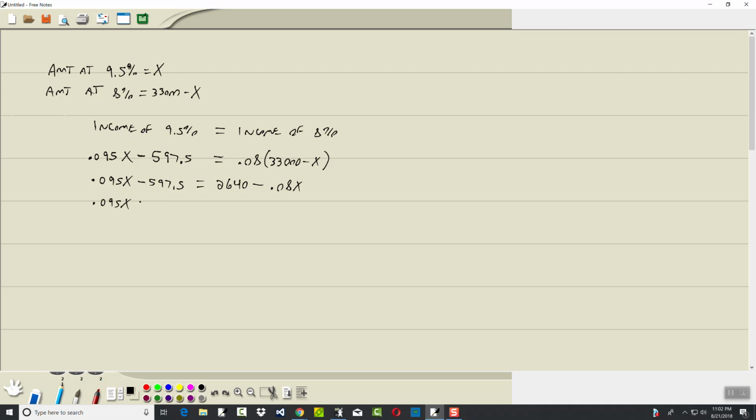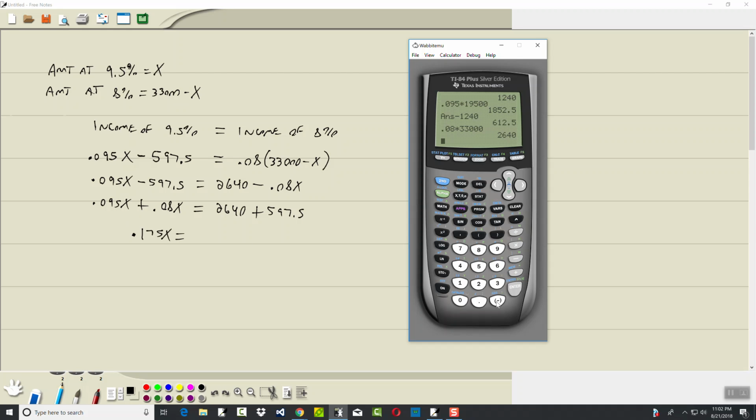Now I'm going to get everything with an x on one side. So I take that 0.08x over, it becomes a positive 0.08x. And I take the negative 597.5 over, it becomes a positive 597.5. If I add these together, I stink at decimals, but I think it's 0.175. Plus 0.08. Yeah, 0.175.